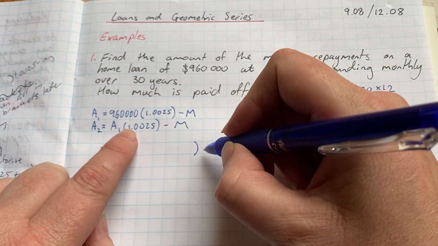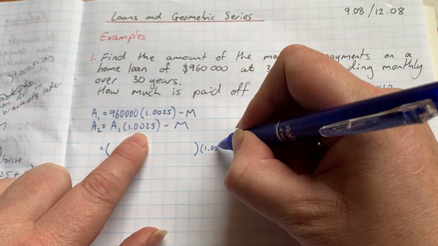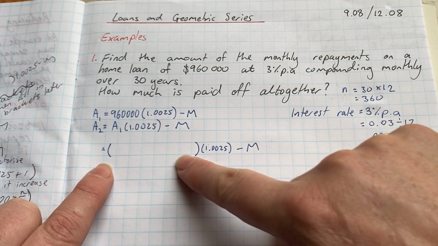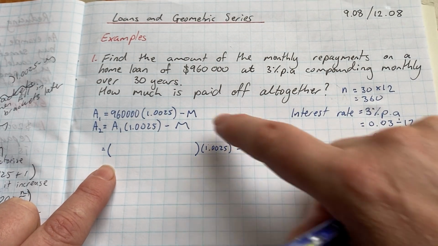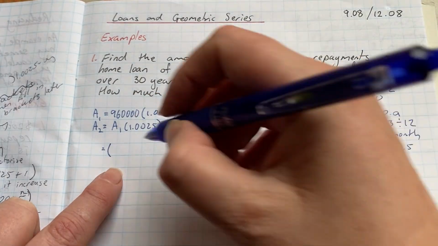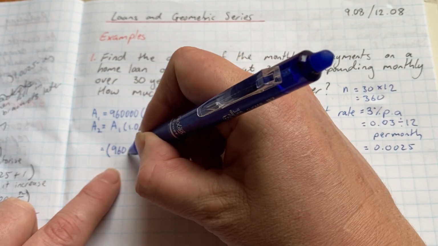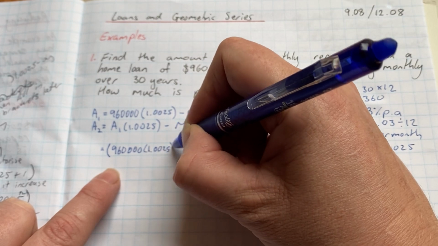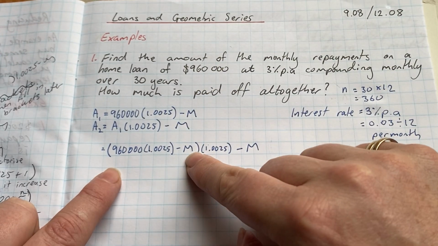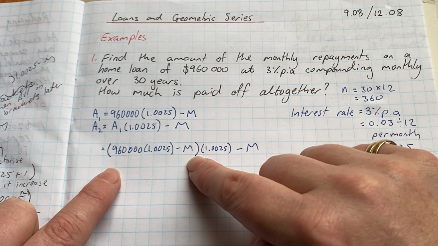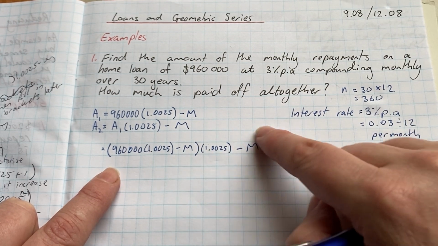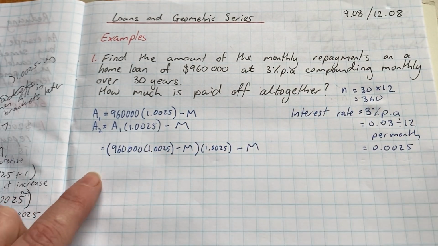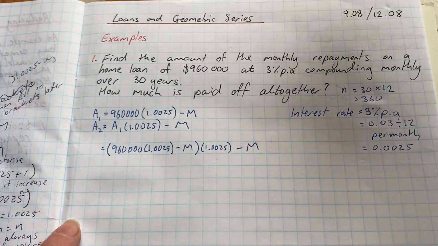Then write the times 1.0025 and the minus M. Write all that first, then fill in what A1 is. The reason for that is I've seen a lot of students in the past get to the end of their A1, they write this minus M, and they kind of think it's that minus M, and they stop and get confused, or they'll write that but forget this minus M. But if you write that all out first with the big brackets, you're much less likely to forget.